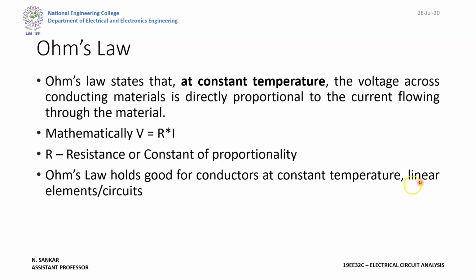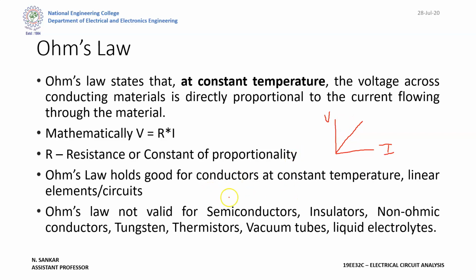Linear elements means the relation between voltage and current is a straight line. If you draw the graph with current on one axis and voltage on the other, it will be a straight line at 45 degrees, and then you can say the element is a linear element.